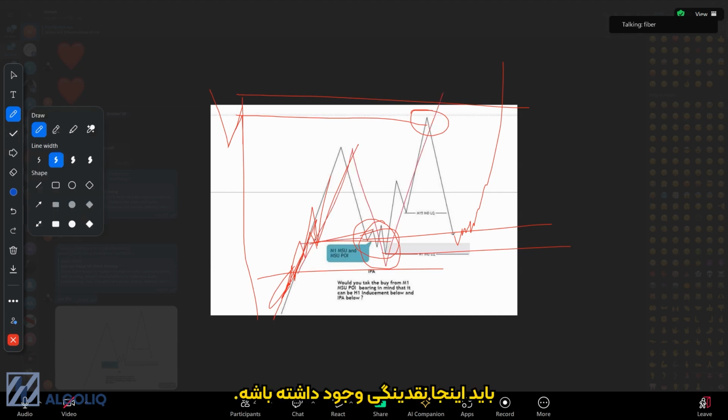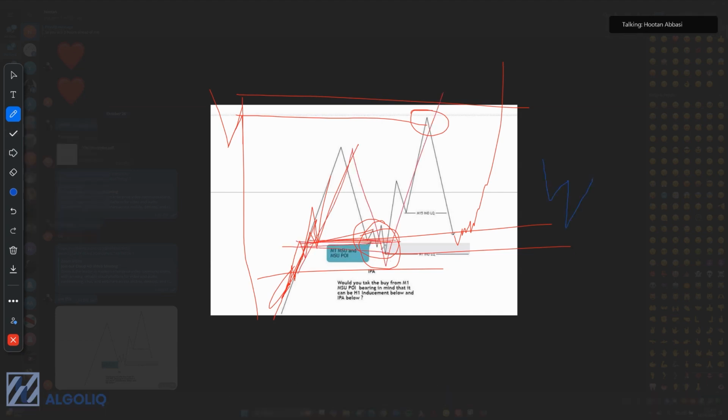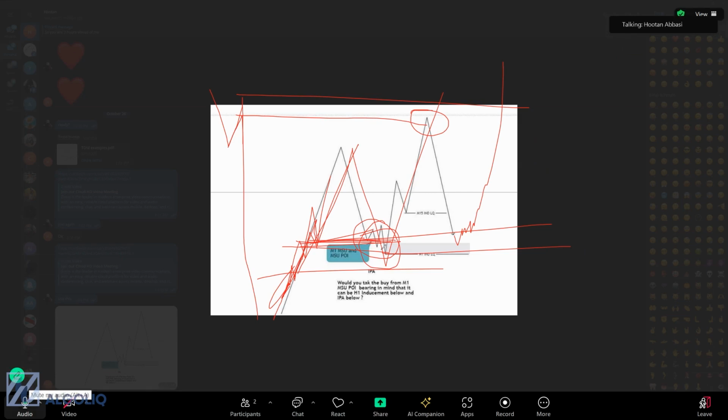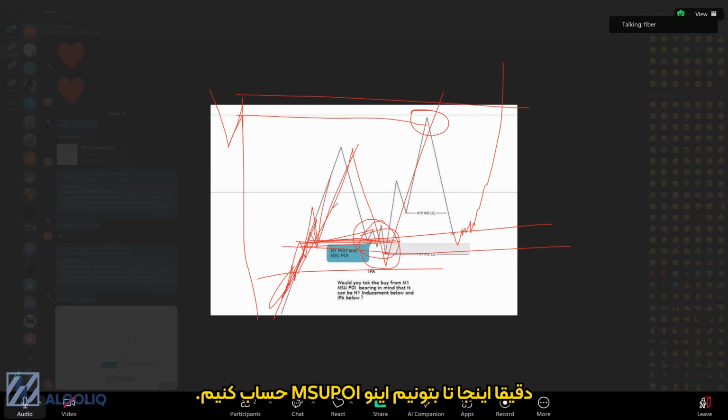You need to have a liquidity right here. So you need to have a liquidity being taken right here to consider this as an MSC POI.